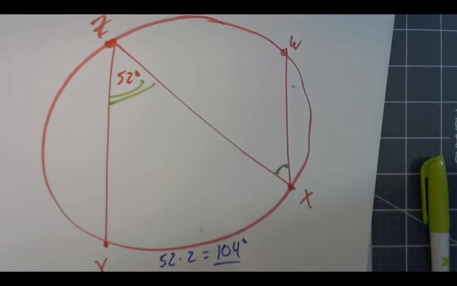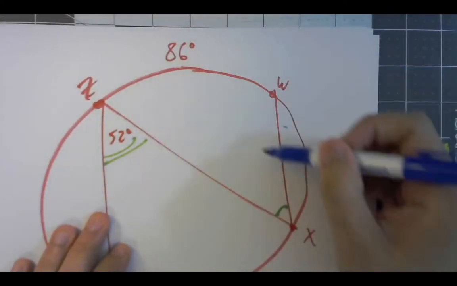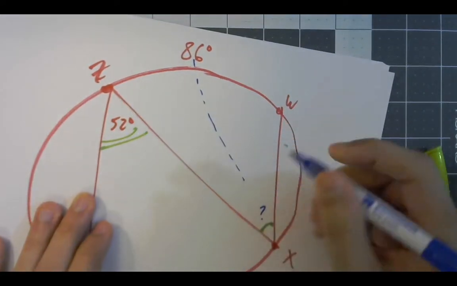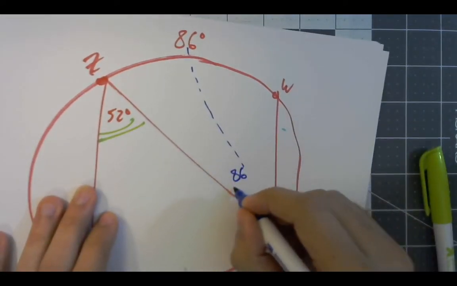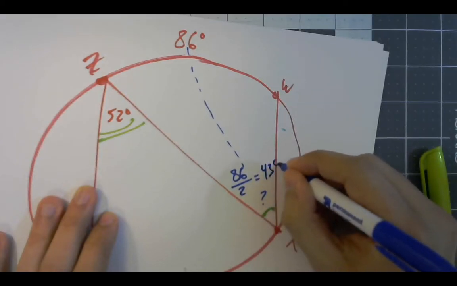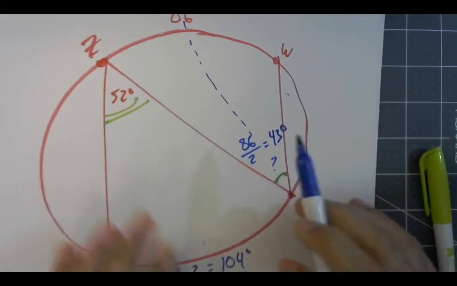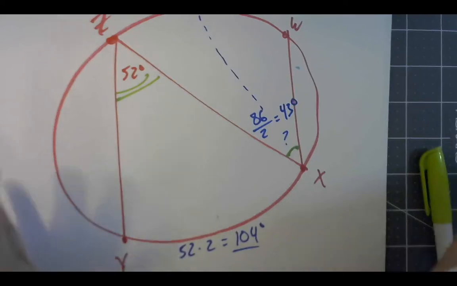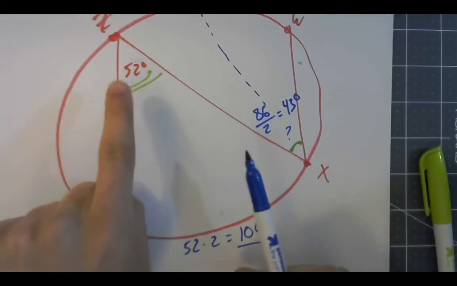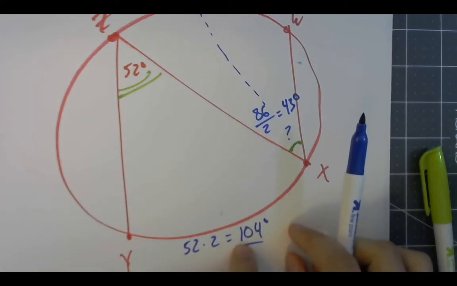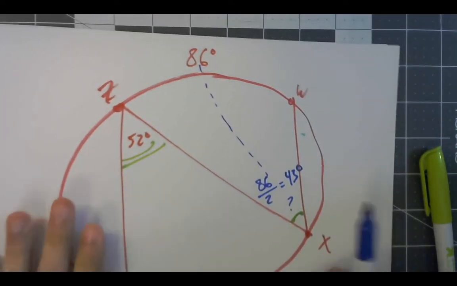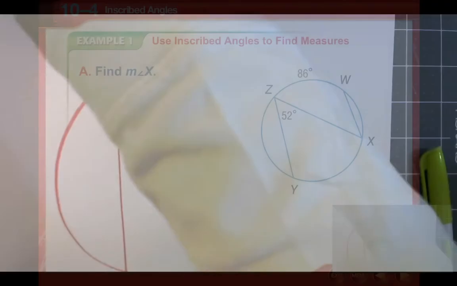We can work backwards. So we have 86 up here, and we want to know this. Well, this will just be 86 cut in half, which is 43 degrees. So this relationship always works out no matter what inscribed angle we're talking about: if we have the angle, we can double it to get to the arc, or if we have the arc, we can halve it and get to the angle.